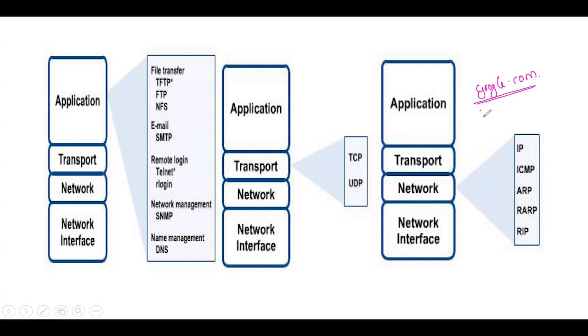There will be something, for example, 192.2.5.6. Randomly, I'm giving this number. You would see something like this, 4 groups of numbers with dots separating them, 3 dots. This is called your IP address. This IP address is also nothing but your logical address.